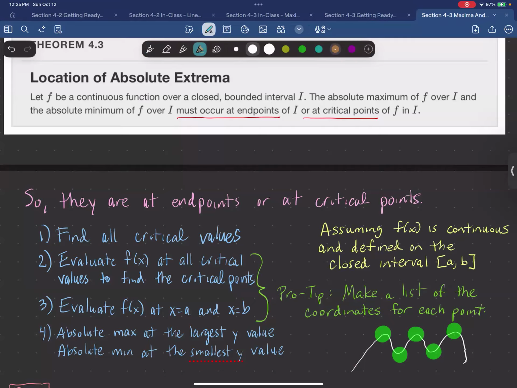Step 3 has us doing it there and there. There we go. That's cool. And then once we have all these critical points, like a coordinate, we'll figure out where the largest y value is and where the smallest y value is. That's our absolute max and min.